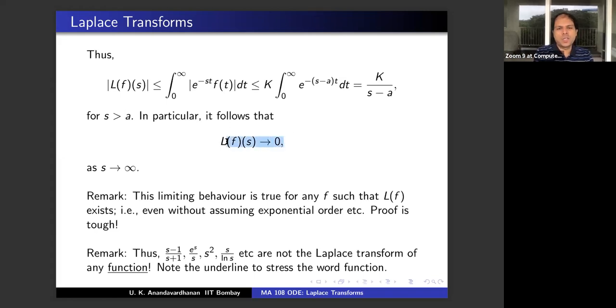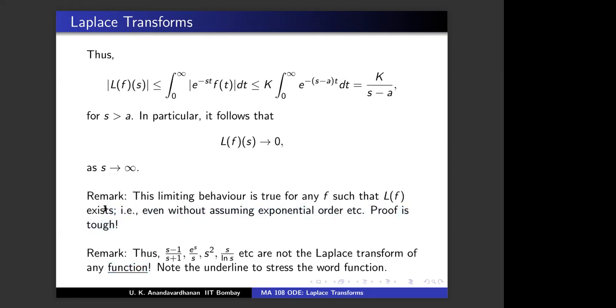If it is of exponential order and piecewise continuous, we already gave a proof. Otherwise, I'm stating it as a remark. You can take this for granted. It is a bit difficult for me to prove, so I will not prove. But what I'm saying is, in engineering, in applications, you may also take what are called distributions, not functions. And for their Laplace transform, this condition is not true. Is that clear?